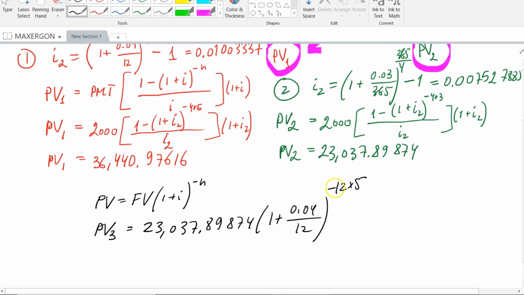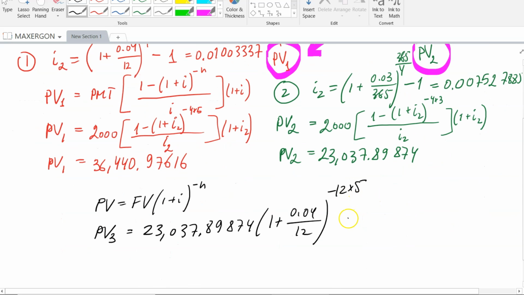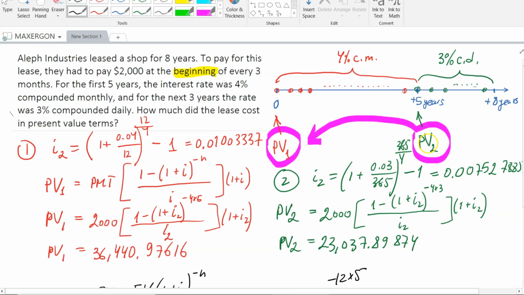And because that rate compounds 12 times per year, there are 5 years in that red period, we will be now computing this present value 3. It is 18,868.11057. What we have done right now, we have moved present value 2 to where present value 1 is.